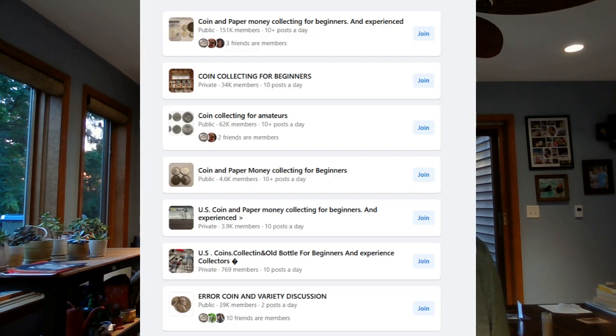Now, there are some general all around pages, and what you'll find with some of the general all around pages is they're usually very large because they encompass everything. And some of these coin pages can be as big as 130 or 140,000 members. That page will probably not get you the information that you are looking for. Bigger is not always better when it comes to Facebook coin pages.